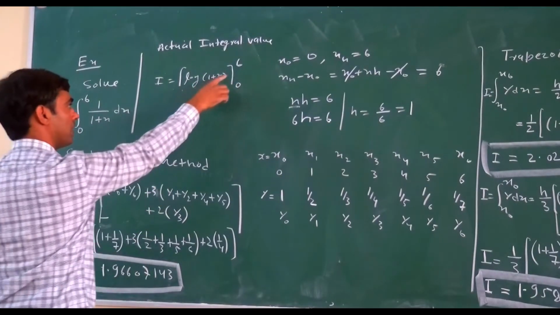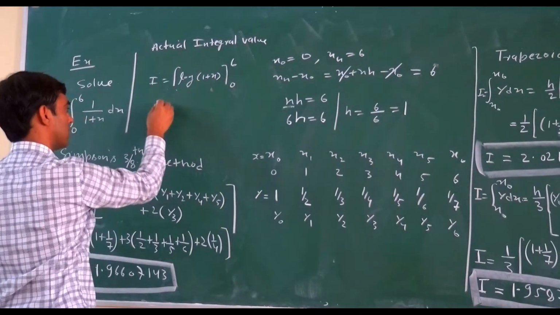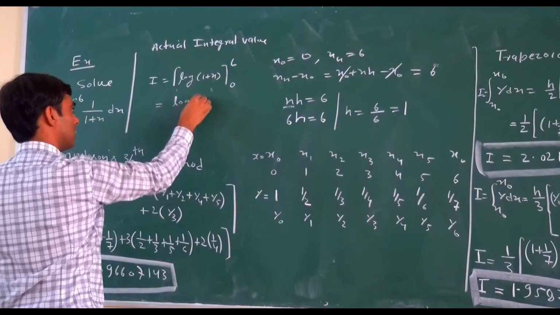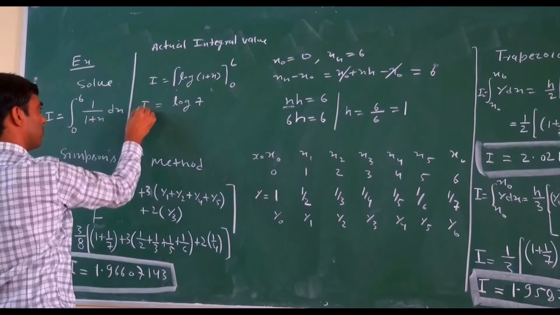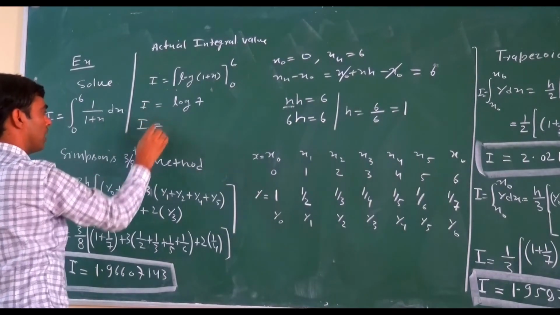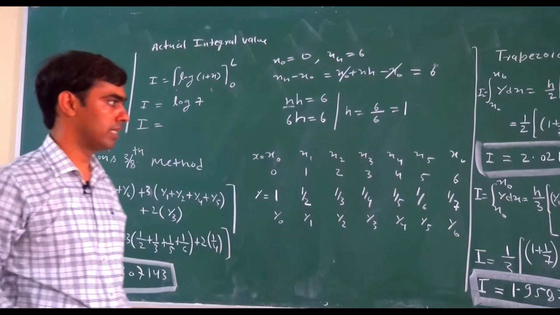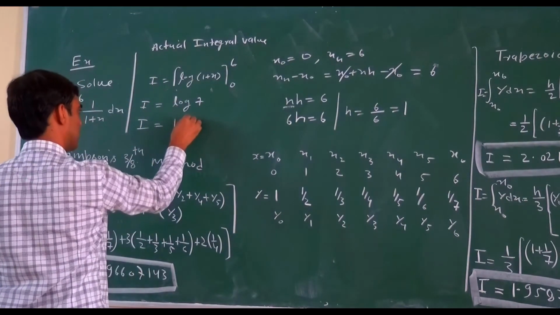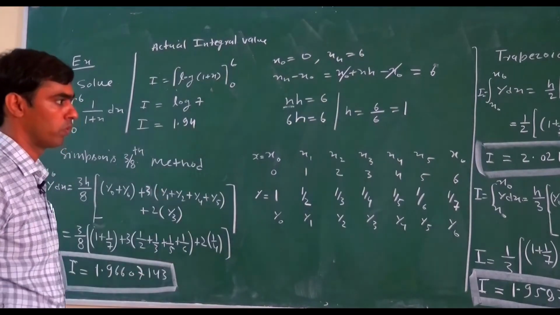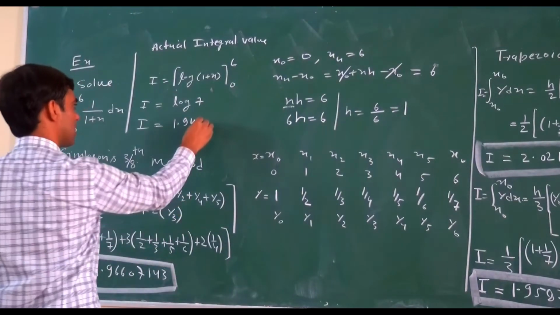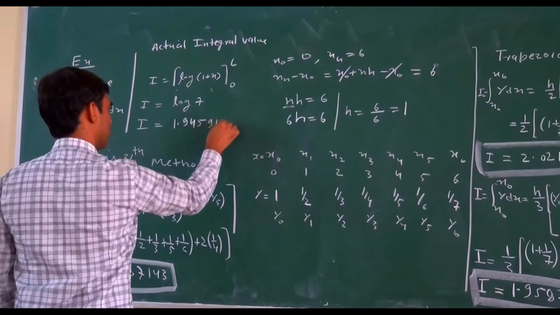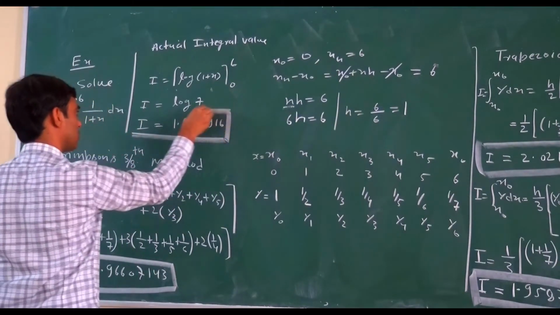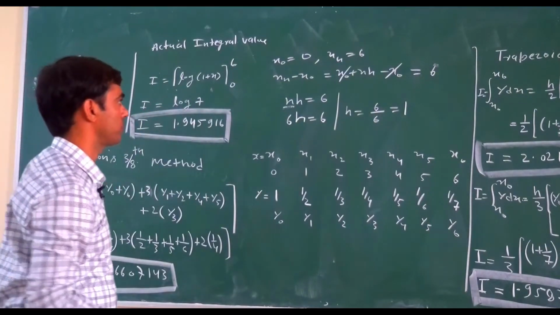If we put the upper limit, x becomes 6, this becomes log 7, and log 1 becomes 0. So this becomes log 7, and this is the value for I. What is the value? Log 7, which we have already noted down, is 1.945916. This is the actual value.